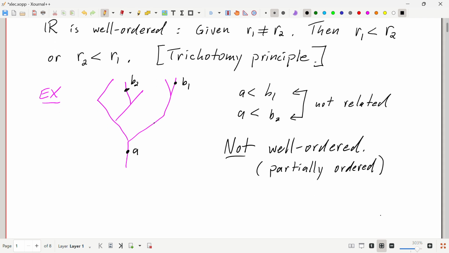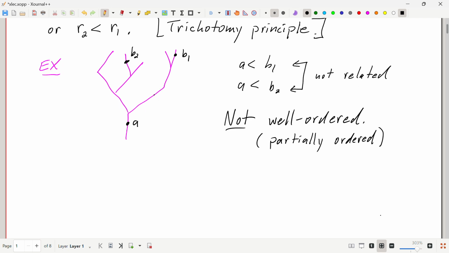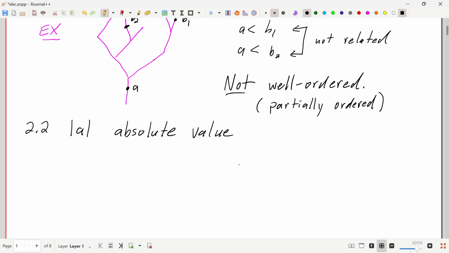But today's subject is the absolute value of a real number. And I like to think of the absolute value function as kind of a distance function in the real line. So I think of the distance between two real numbers, r1, r2.